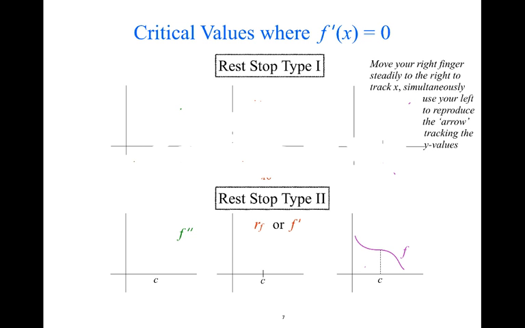Okay, check. Here we go. So rest stop type 2 means the accumulation is decreasing, then pause, then keeps decreasing. Means that the rate of change is negative, then 0, then negative. Means it looks something like this. Negative, 0 for a moment, negative.